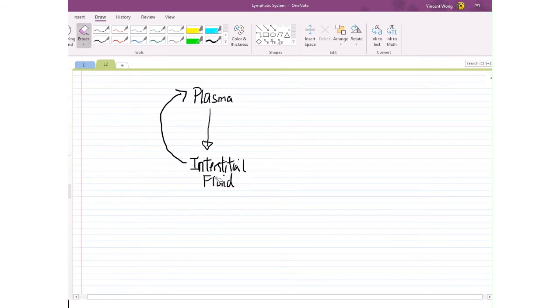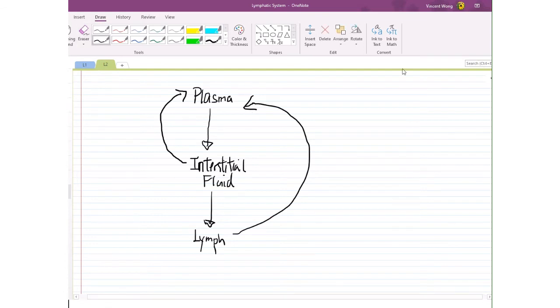Whatever you don't take back is going to go into the lymphatic vessels, where it will become lymph, and the lymph will travel through these lymphatic vessels. It will pass through one or more lymph nodes, and eventually it will also return to the plasma. So there's no net loss of fluid.